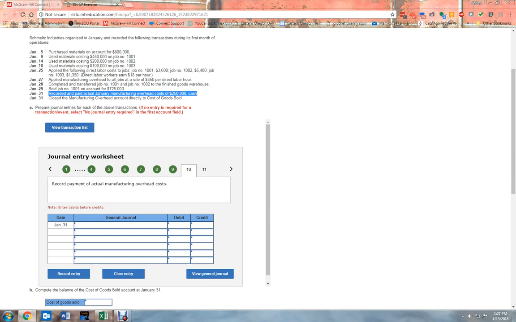All right, so on January 31st, we're going to record and pay actual January manufacturing overhead costs of $250,000 in cash. So manufacturing overhead is getting some costs. We've recognized that we incurred those manufacturing overhead costs and we paid them in cash.